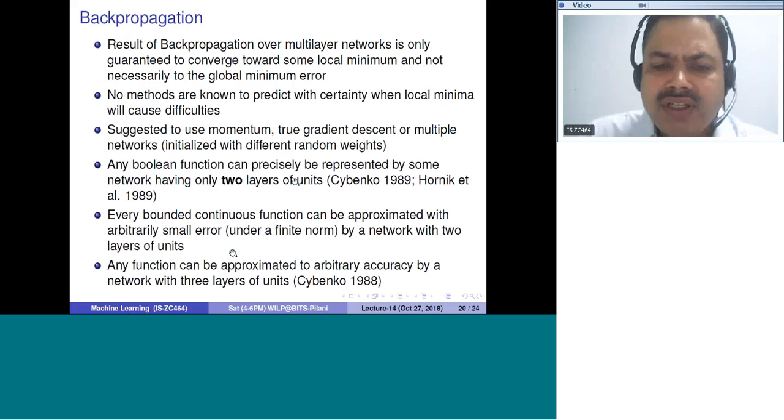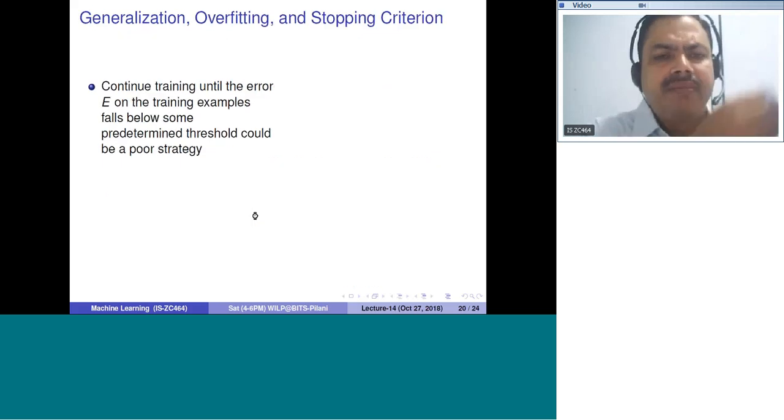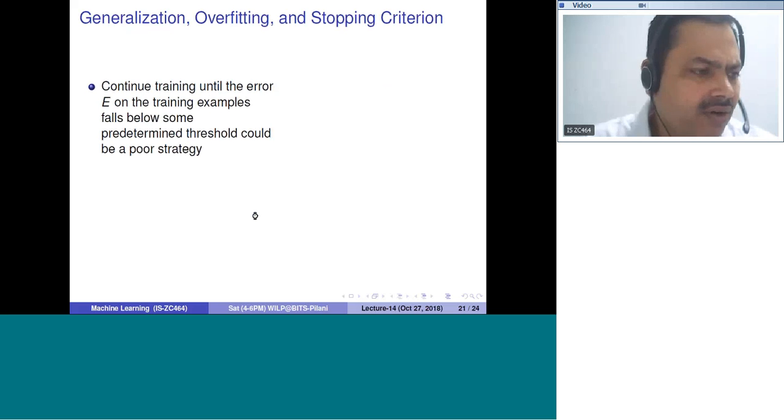Any Boolean function we have already talked about can be precisely represented by a network having two layers only. Every bounded continuous function can be approximated with arbitrarily small error by a network with two layers of units. Any function can be approximated to arbitrary accuracy by a network with three layers of units. All these statements tell us that this kind of network is going to be very powerful. It's not a simple toy model, it's actually a general model.